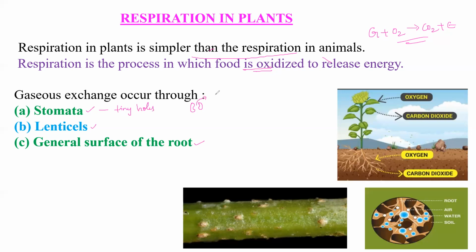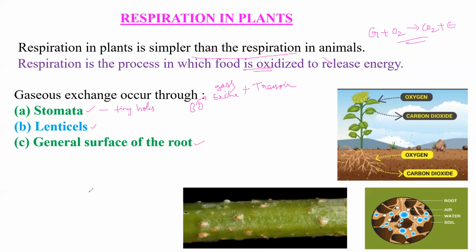Stomata give gas exchange. Gas exchange takes place through the stomatal pore. Not only exchange of gases, another process, transpiration, also takes place through the stomata. This is about the stomata.